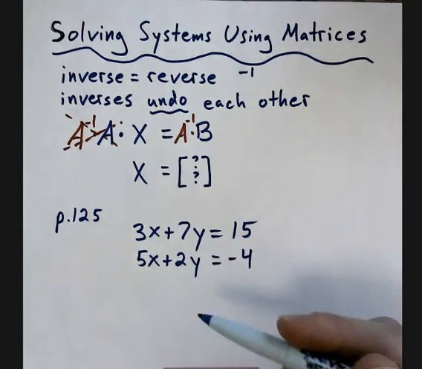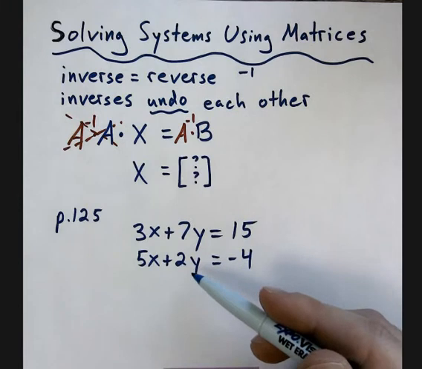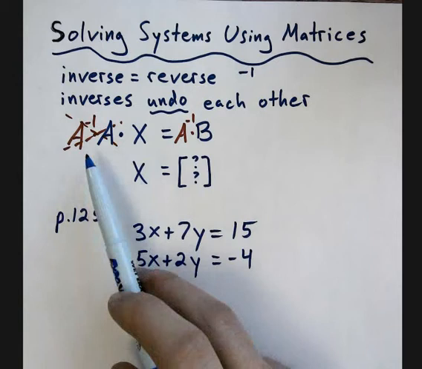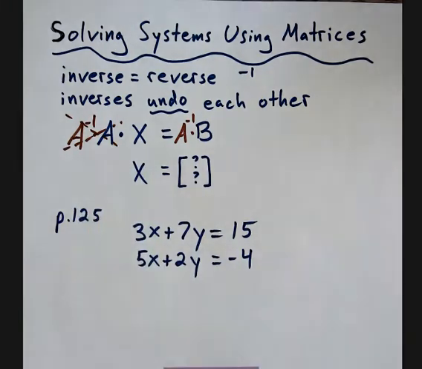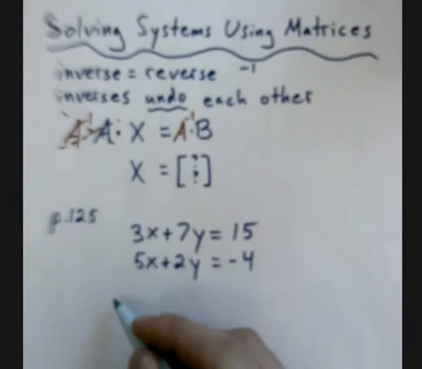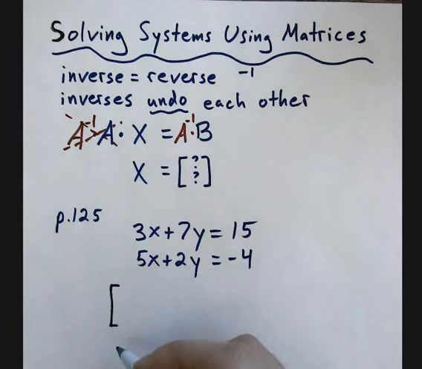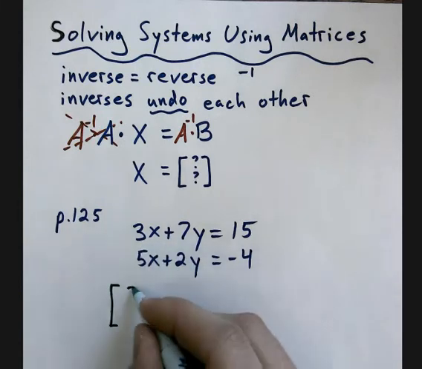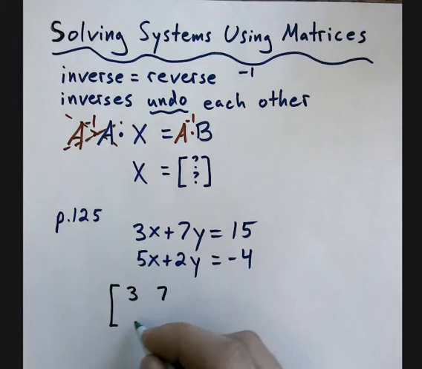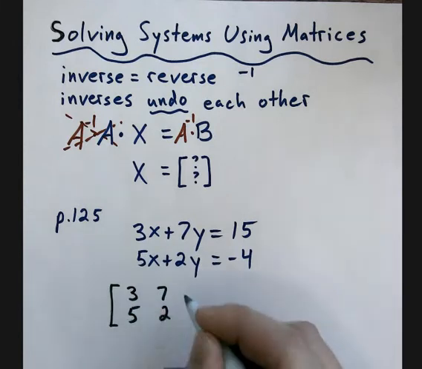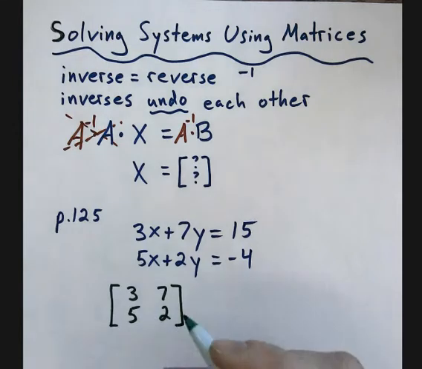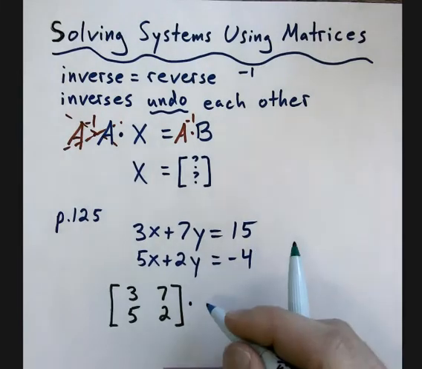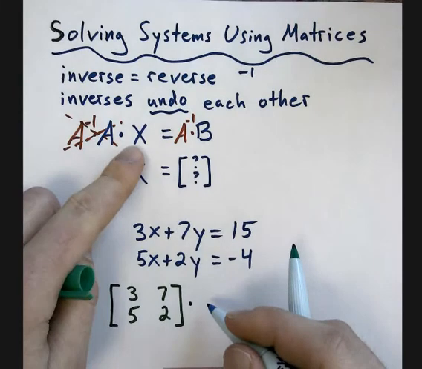Here's how we would turn them into matrices to use our graphing calculator. Step 1. I need matrix A. This is called the coefficient matrix. You'll use these coefficients on the left side of my equation, 3, 7, 5, and 2. And then times x is going to be my variable matrix.